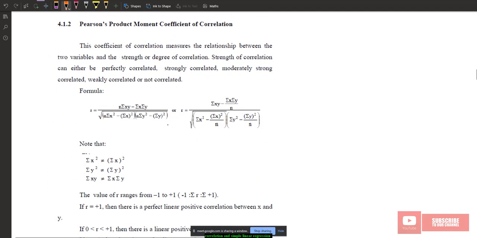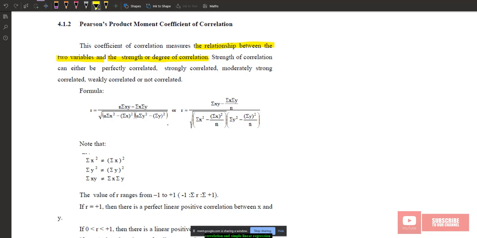But in the Pearson product moment coefficient of correlation, of course we can know the relationship, whether positive correlation or negative correlation. And we also can know the strength of correlation. Either the correlation is strong, moderate, weak, or not correlated, right? So this coefficient of correlation measures the relationship between two variables and the strength, or degree, of correlation.